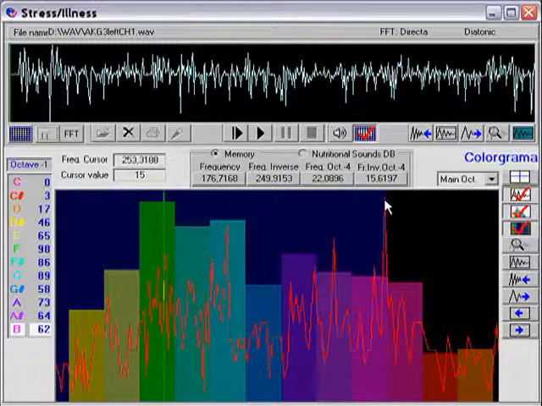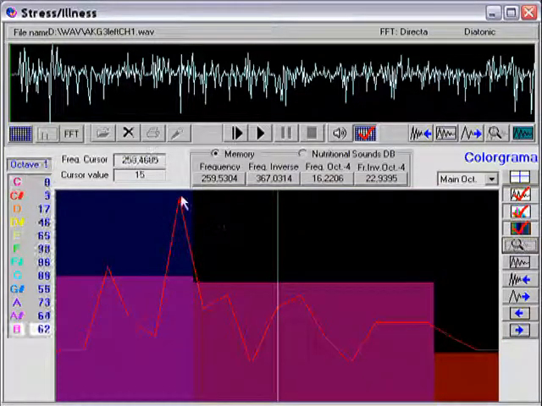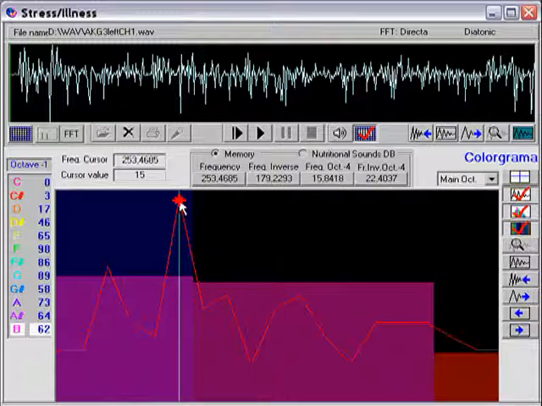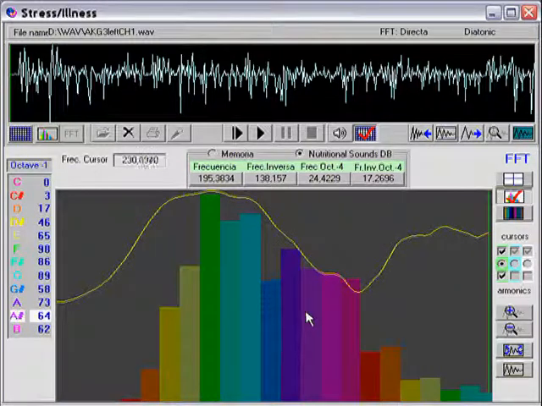So let's see where that one is, which is 253.46, and we can get closer to it. 253 is somewhere in this little bump here. Okay, so that means that this frequency didn't do much in the FFT.